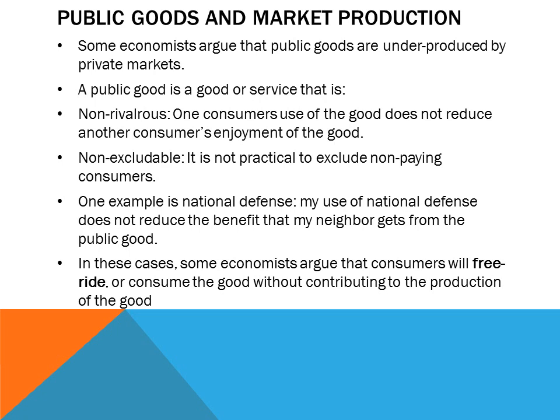So my use of national defense does not reduce the benefit that my neighbor gets from the public good. In these cases, some economists argue that consumers will free ride, or consume the good without contributing to the production of the good. These economists argue that it is more efficient to have the government produce these goods rather than have the private market result be an underproduction.